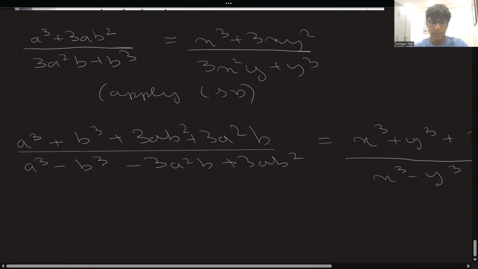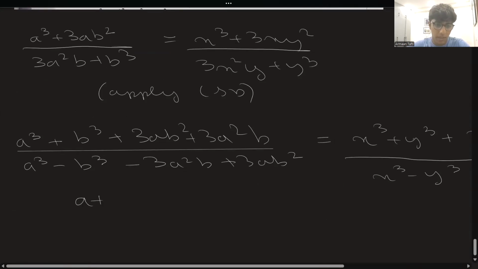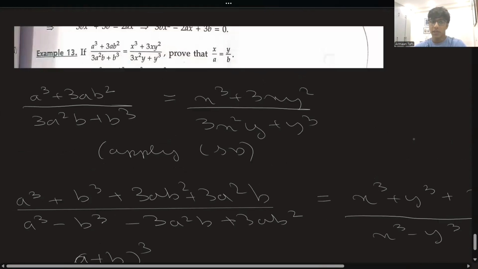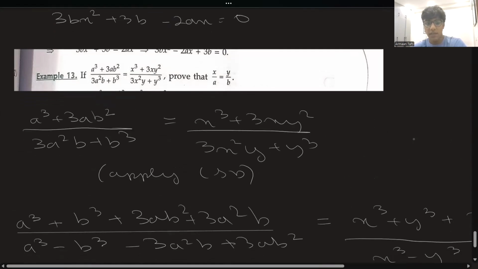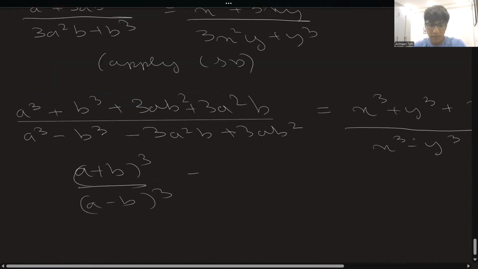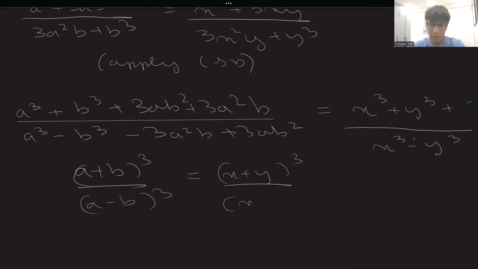And now, if you simplify this, you get a plus b whole cube by a minus b whole cube. I've intentionally written it like this so you can see it. And once again, it should have already been a clear hint when you saw a cube and b cube together that some identities are at play. Same over here, you get x plus y whole cube by x minus y whole cube.